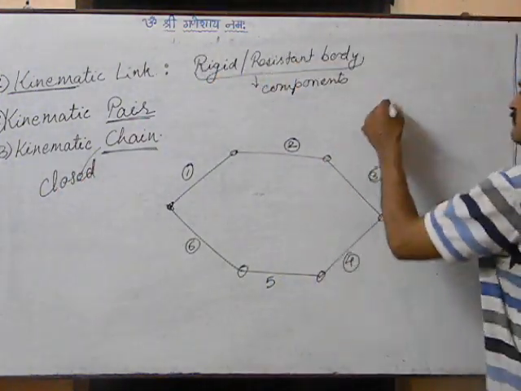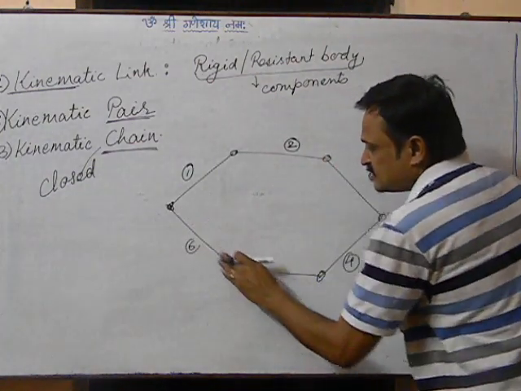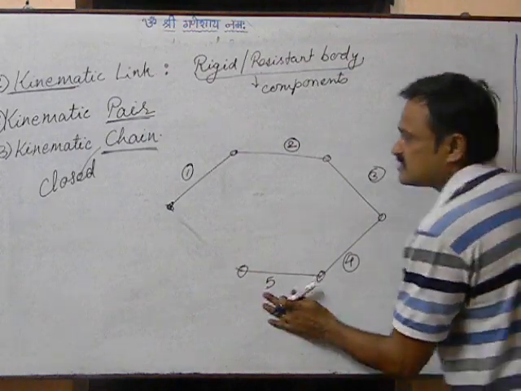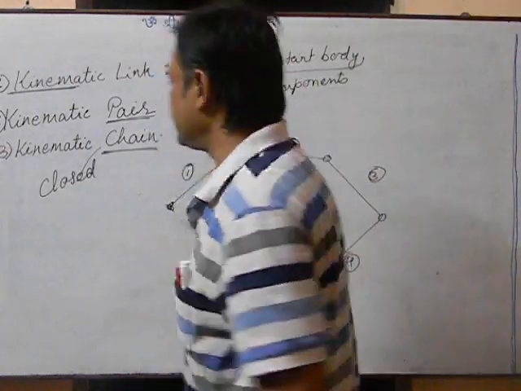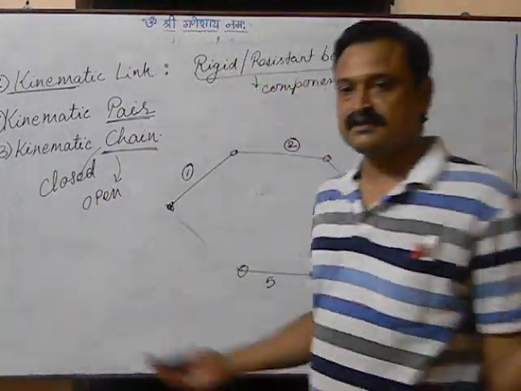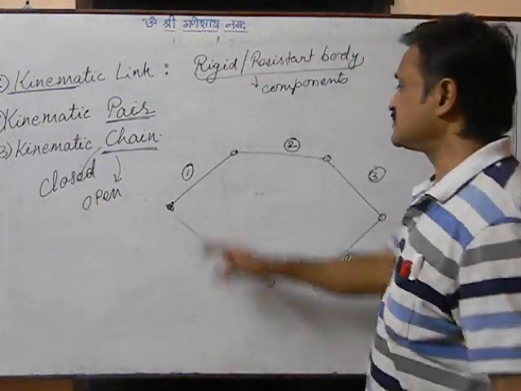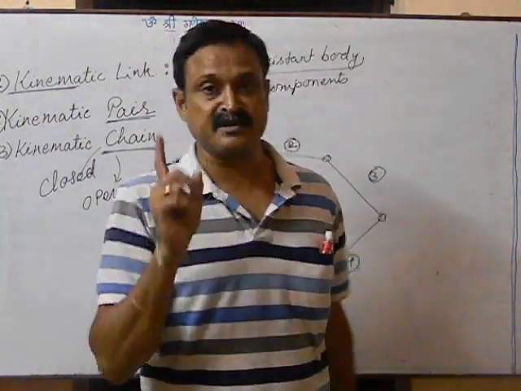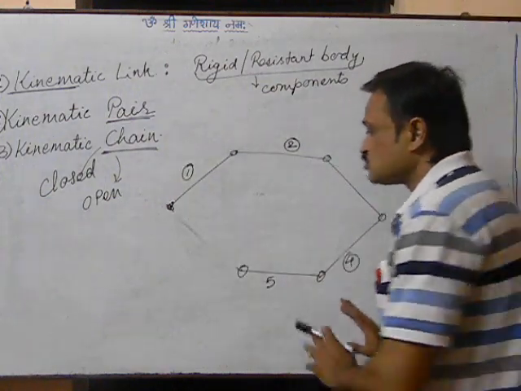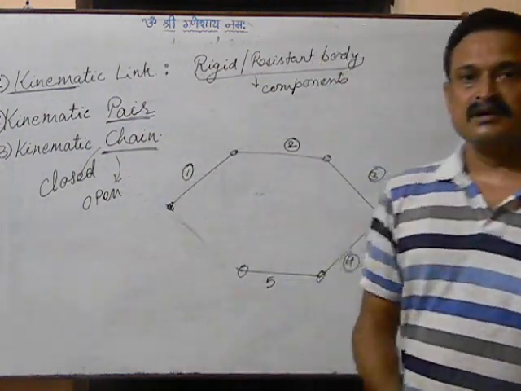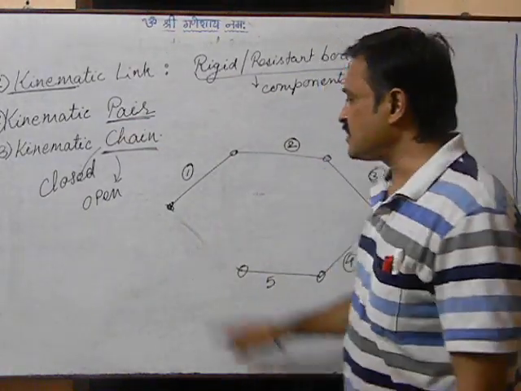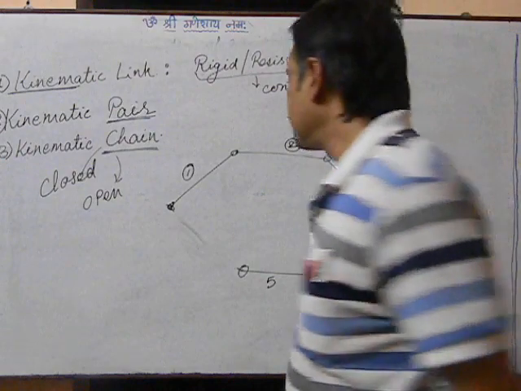Now if there are 5 links and I am not joining the last link with the first link, it will be an open chain in that case. So we have used that term, closed kinematic chain. If I am joining the last link with the first link, then we are forming a closed chain.